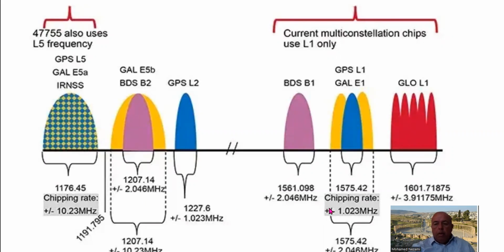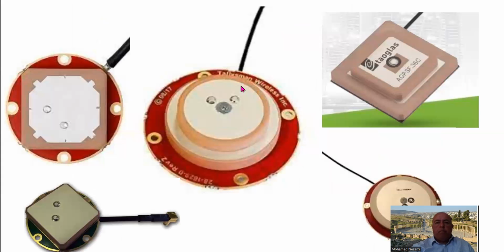Now the Russians have the L1 up there with about 4 megahertz bandwidth. Other than that, all these systems are relatively narrow bandwidths. This one here, the Beidou one, is also plus or minus 10 megahertz, similar to the L5.